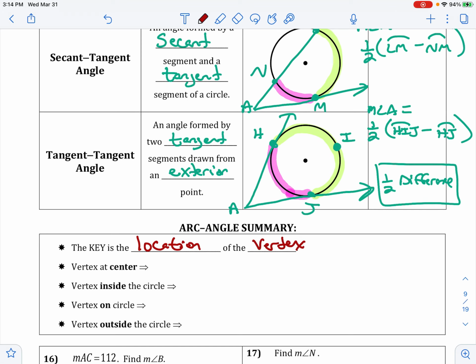Okay, so when the vertex is at the center, the angle equals the arc. That's our central angle. When the vertex is inside the circle, but not at the center, that was our chord situation, we're going to use the angle equals half the sum of the arcs.